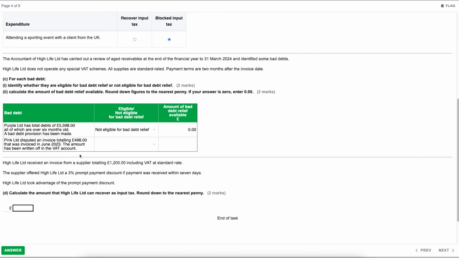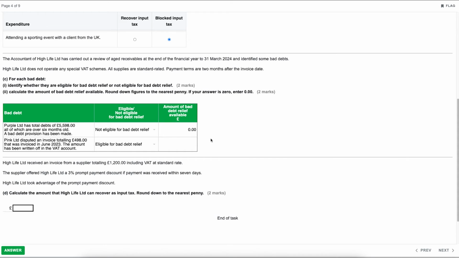This was invoiced in June, so it would be due at some point in August 2023. We are now at the end of March 2024, so that would be over 6 months overdue. So they would be eligible for bad debt relief.